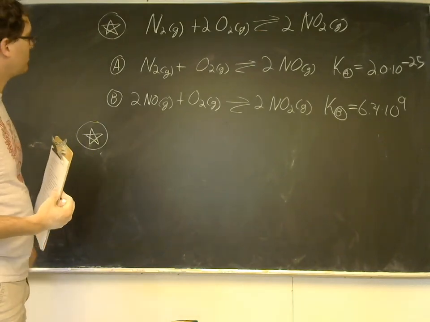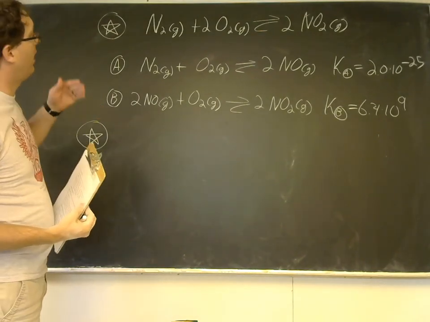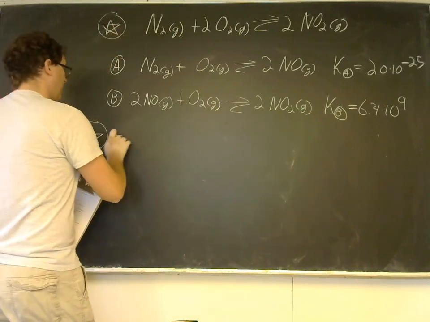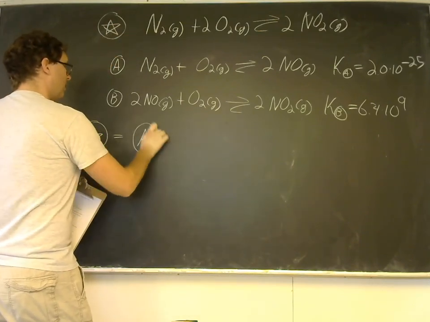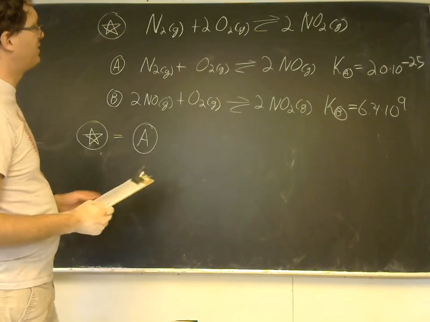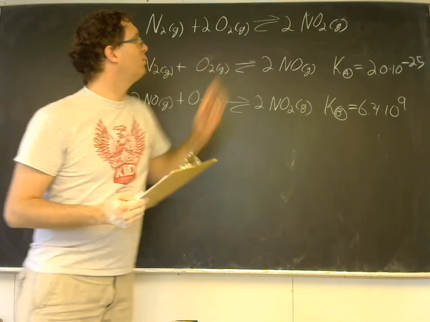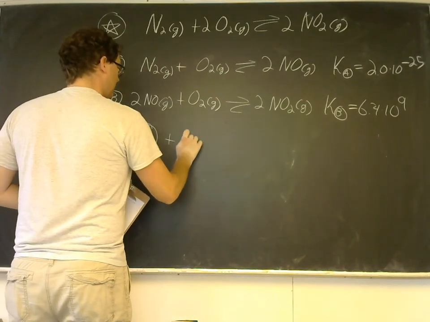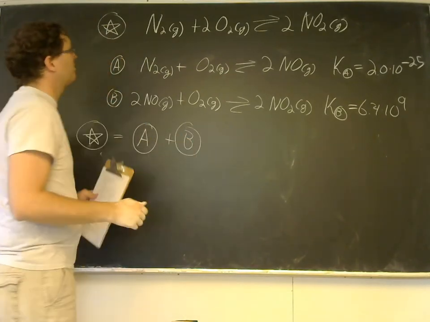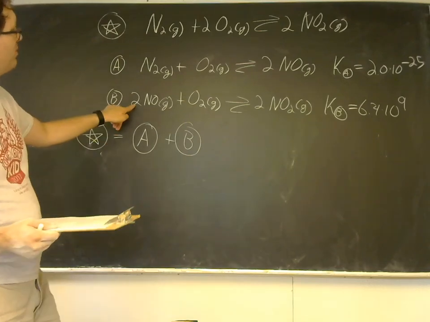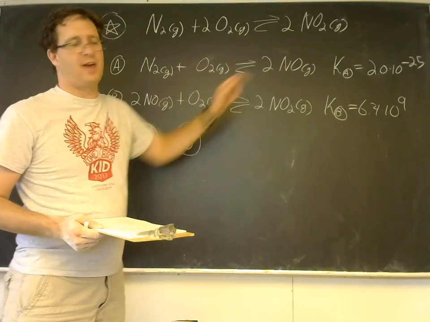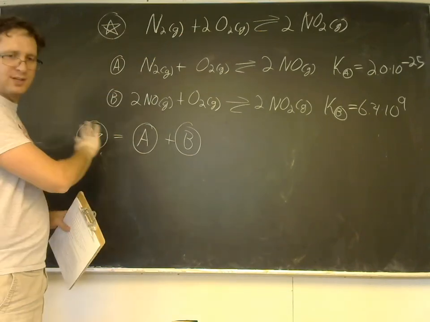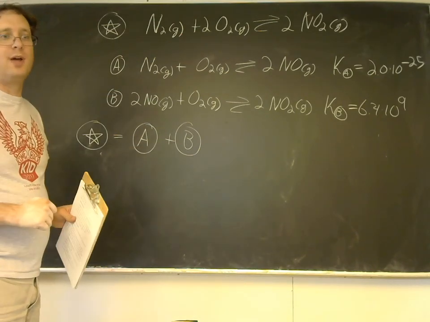Well, let's see. I need a nitrogen on the reactant side. That can only come from A. And I need 2 NO2s on the product side. That can only come from B. And let's just make sure everything else adds up. We'll have 2 NO canceling out with 2 NO there. Our oxygens will add up to give us 2 oxygens. And so this is a pretty straightforward formula.